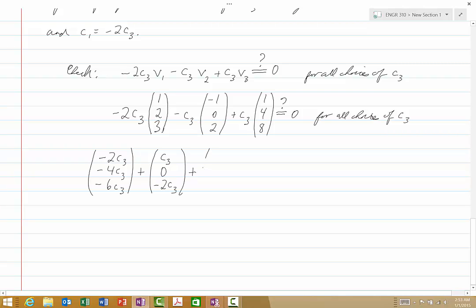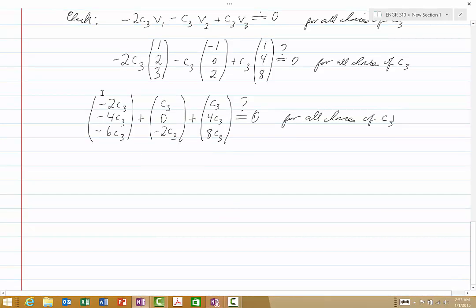And then finally, when we multiply the last vector by C3, we get C3, 4C3, 8C3. Equals question mark 0 for all choices of C3.